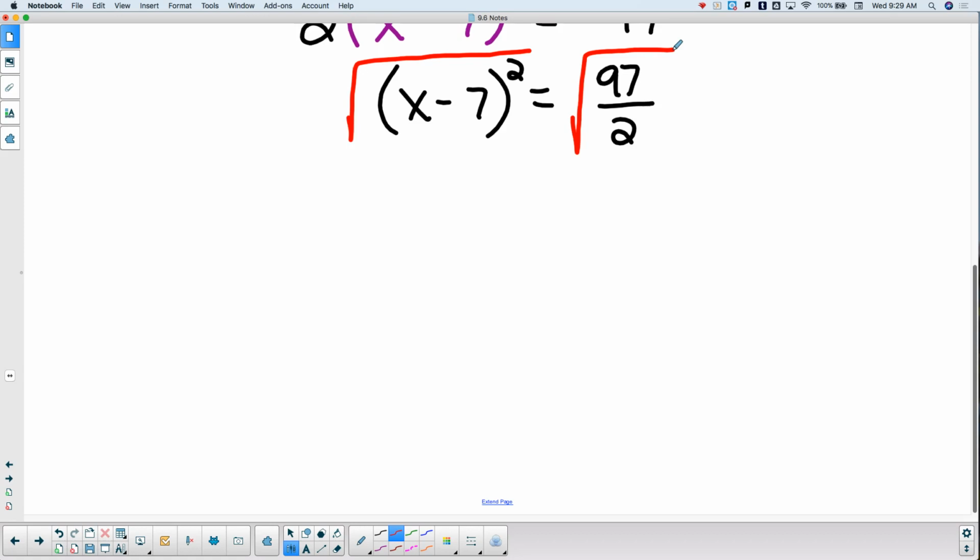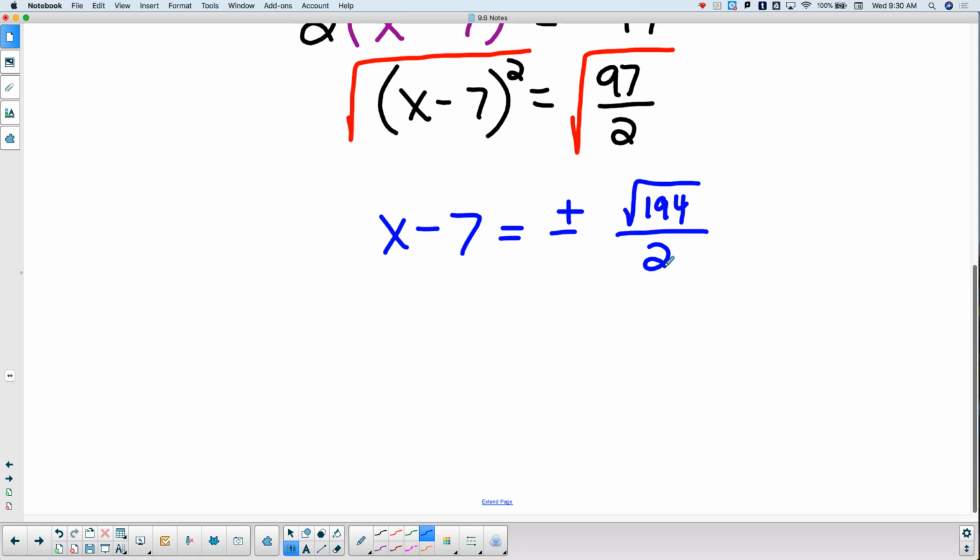Left side becomes x minus 7. Right side becomes, what comes first? What do you got? Plus and minus first.